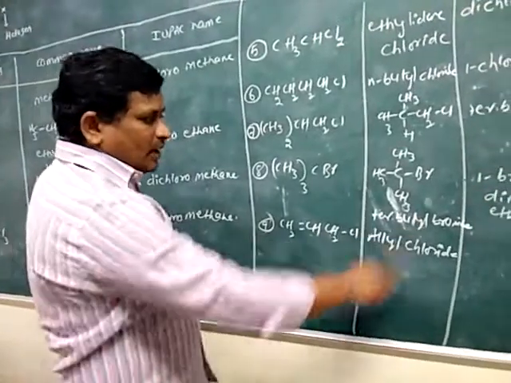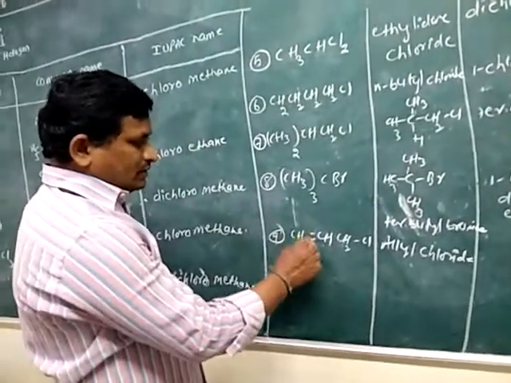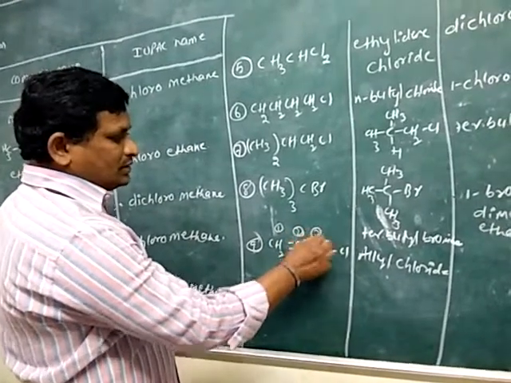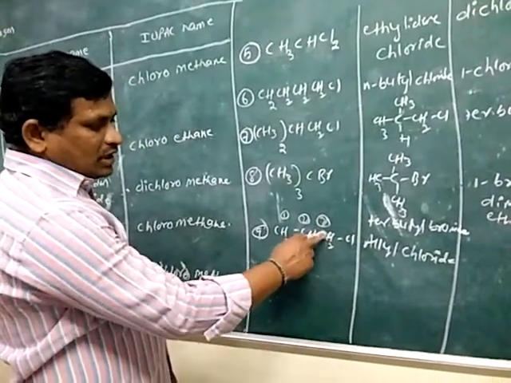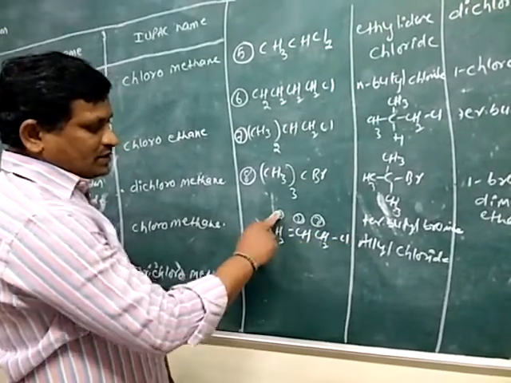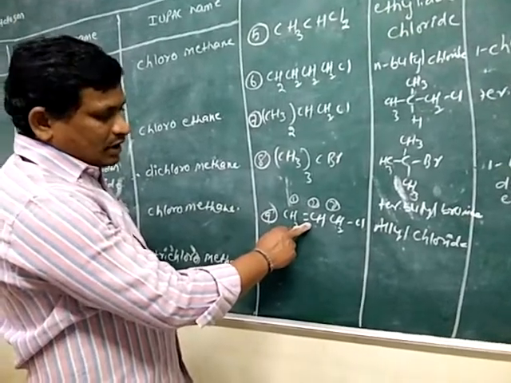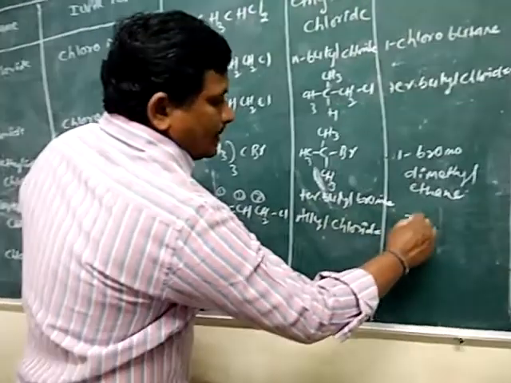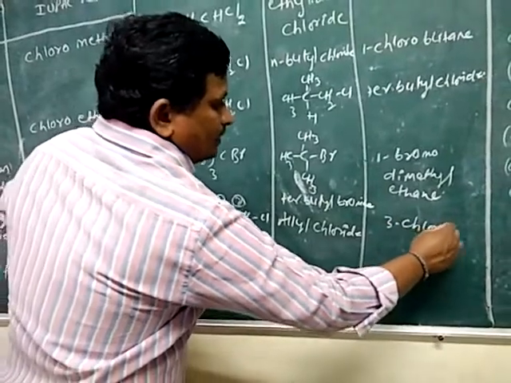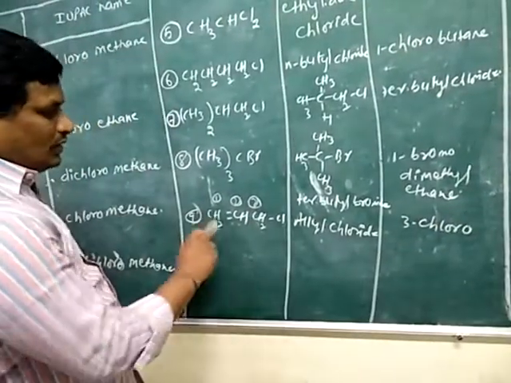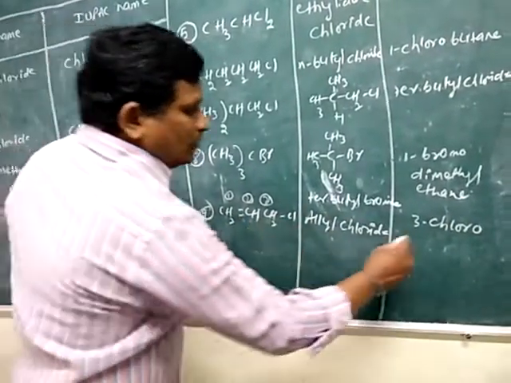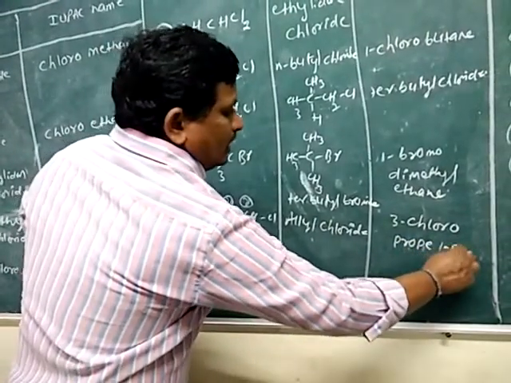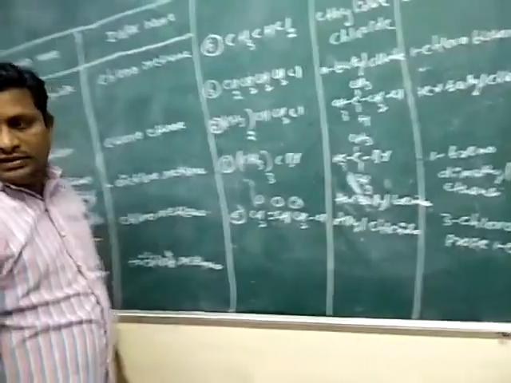For the IUPAC name, the number of carbons is 1, 2, 3. The third carbon has chlorine, the first carbon has the double bond, ene. So it is 3-chloroprop-1-ene.